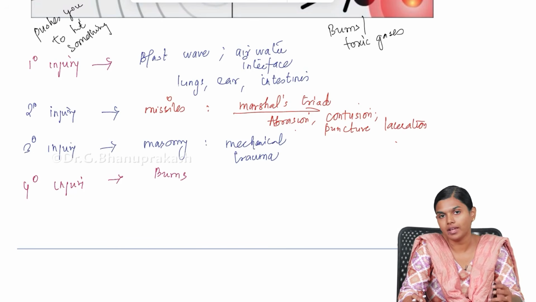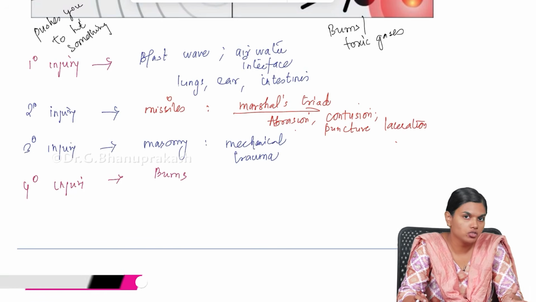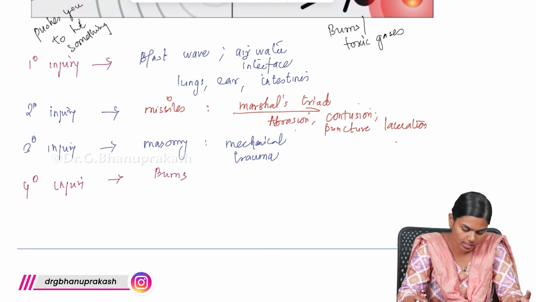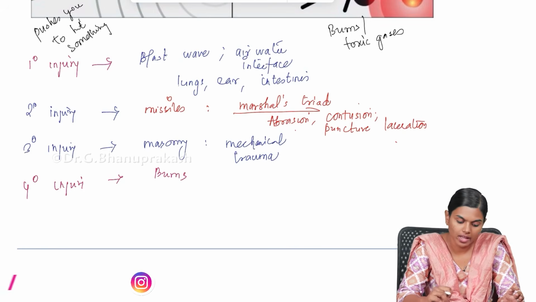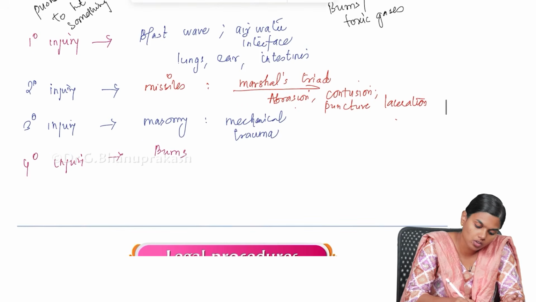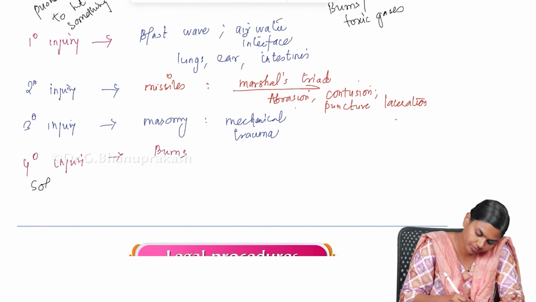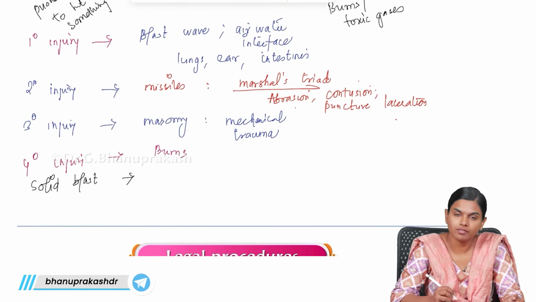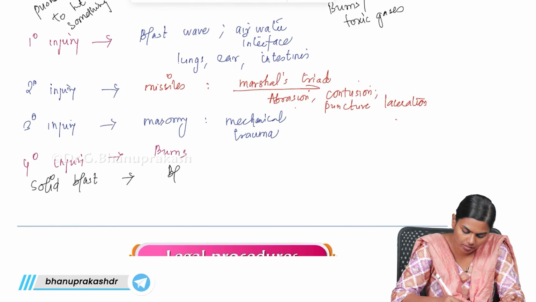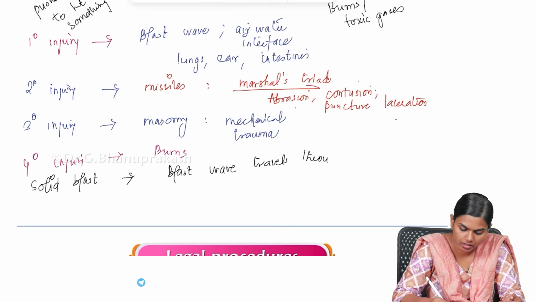Primary injury is mainly due to the blast wave, secondary injury mainly due to the missiles, tertiary injury due to the masonry causing mechanical trauma, and quaternary due to the burns and toxic gases. Now there is something known as solid blast. Solid blast is when the blast wave travels through solid items.